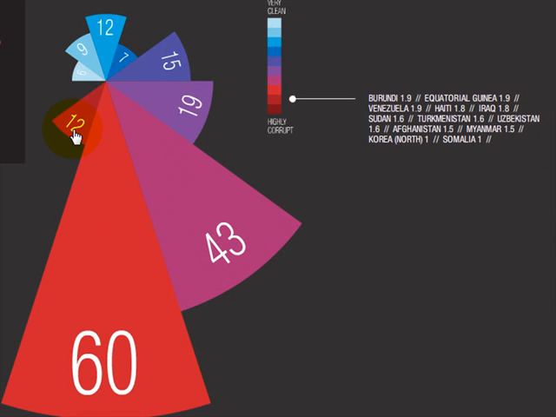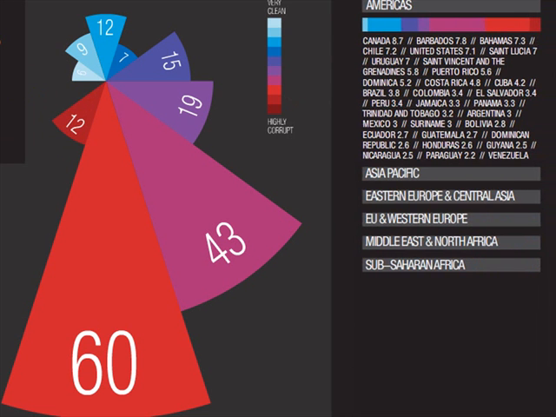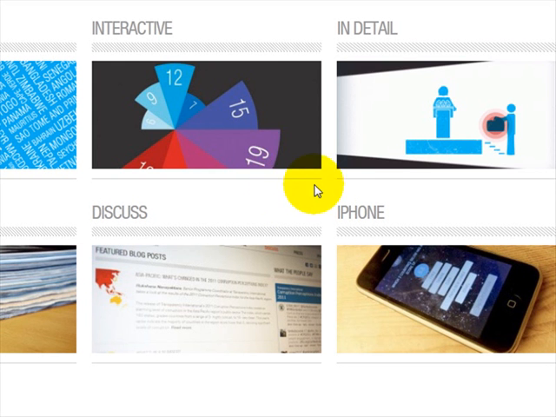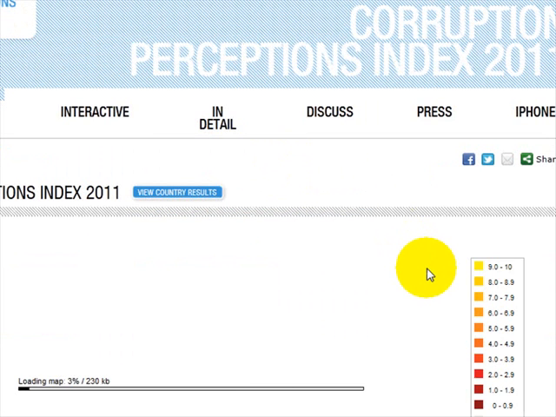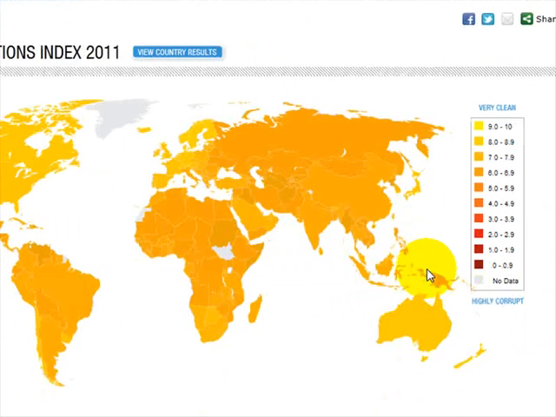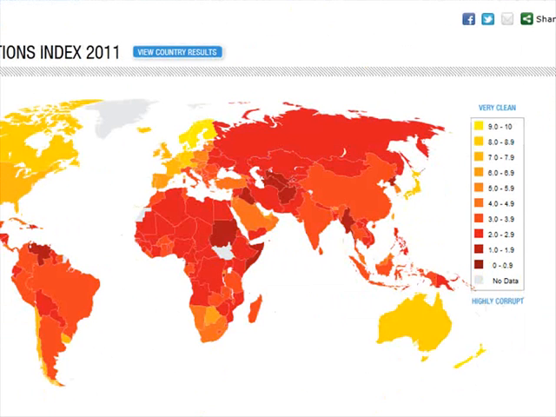And then there's 12 that are even below that, 1.9 to 1. So that gives you an idea of where the corruption is, and it's quite widespread. And I think there's another one too. I think this one is the map that I just clicked on. Yeah, this one is the map.